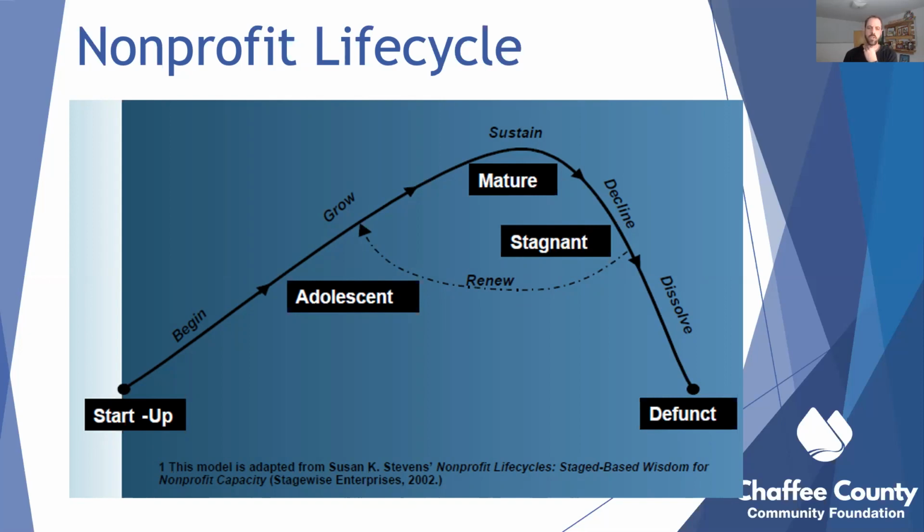But it's really important as we think about boards and our responsibilities as board members to ask ourselves, where is our organization in its life cycle? And I should say that just like humans, every organization has a life cycle, right? We start up, we grow through what's called on this chart adolescence and maturity.